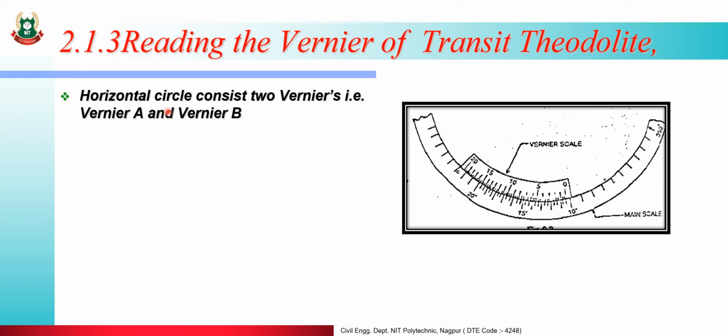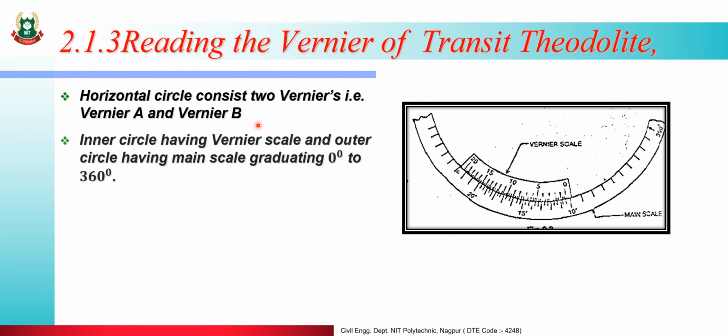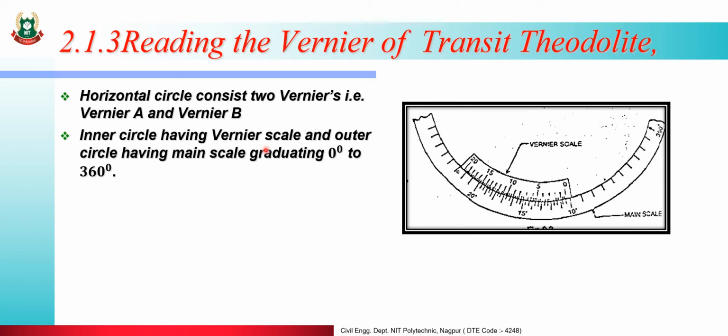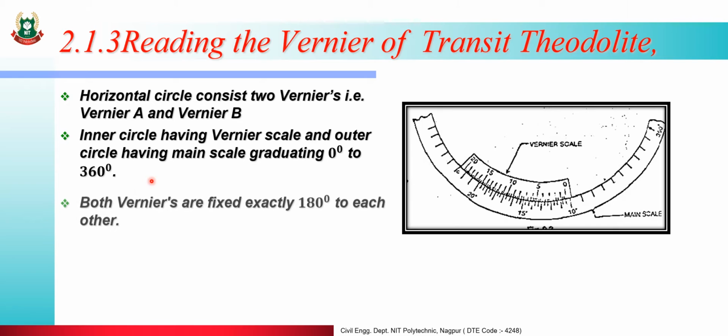The horizontal circle consists of two verniers, that is vernier A and vernier B. These names indicate the horizontal circle. The inner circle has the vernier scale, and the outer circle has the main scale graduated from 0 degree to 360 degree, just like a compass.